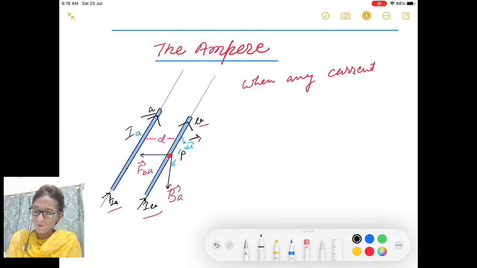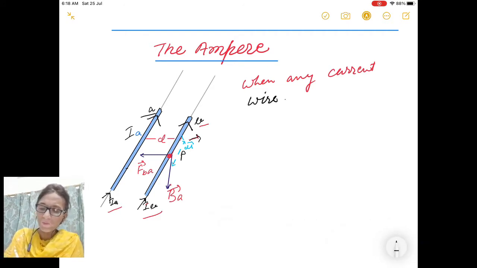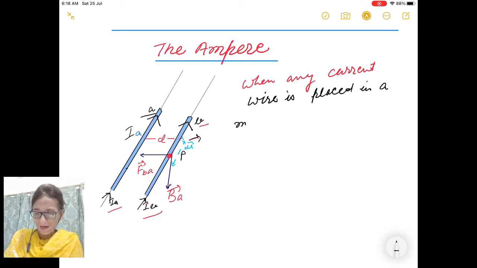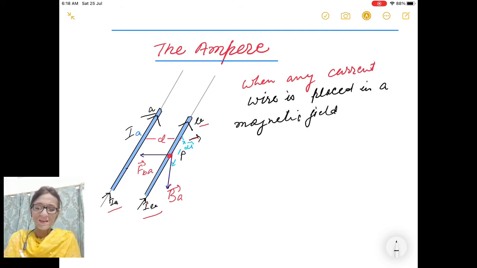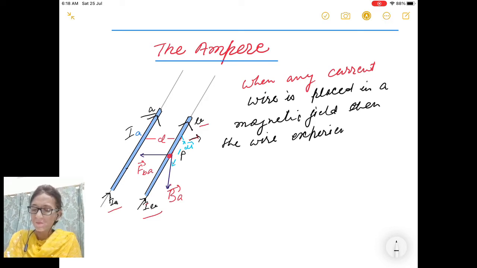A current carrying wire is placed in a magnetic field, then the wire experiences a force.